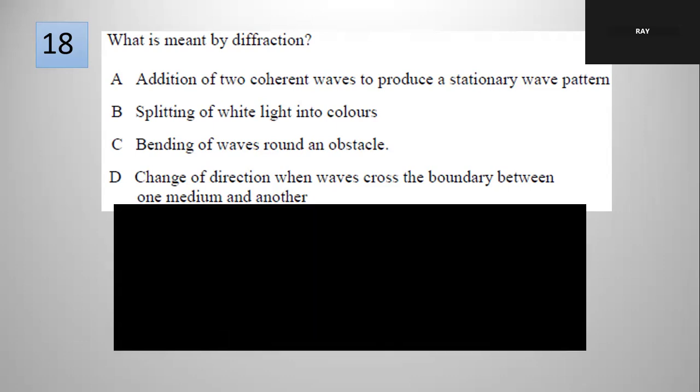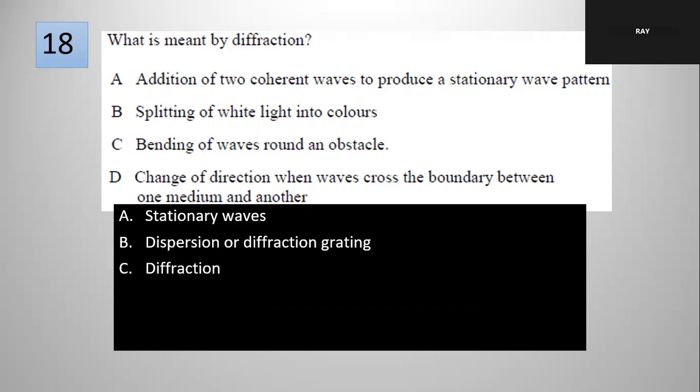Because it's like spreading out. Addition of two coherent waves to produce a standing wave pattern: that is a standing wave, not related to diffraction. Splitting of white light into colors is dispersion, using a prism or diffraction grating. The answer is C, C is diffraction. Change of direction when a wave crosses the boundary between one medium and another: that one is refraction, that's your SPM work. The answer is C.